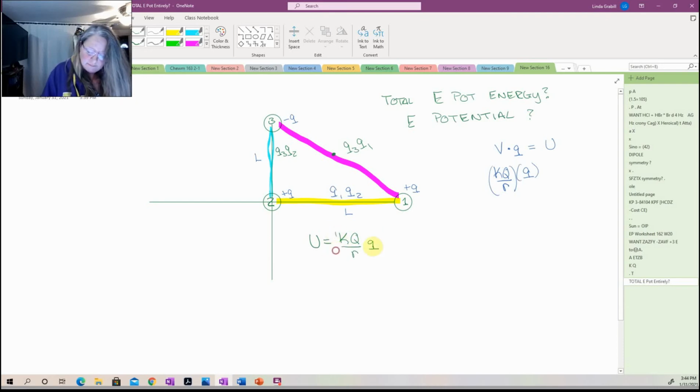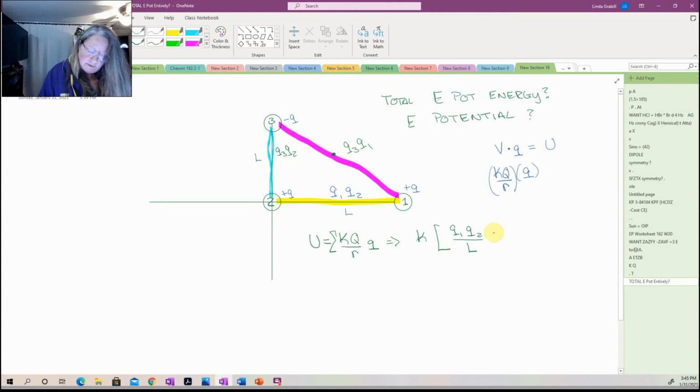So I can pull out my K, and say Q1 times Q2, starting with this one, over that distance r, which is now just L. Q1 and Q2 are positive, so that's a positive.